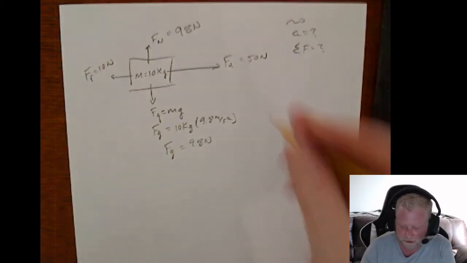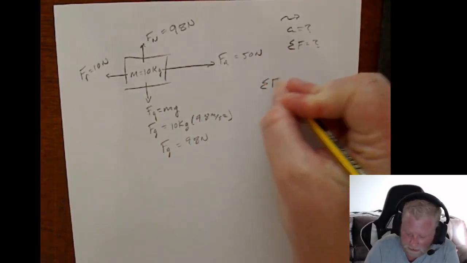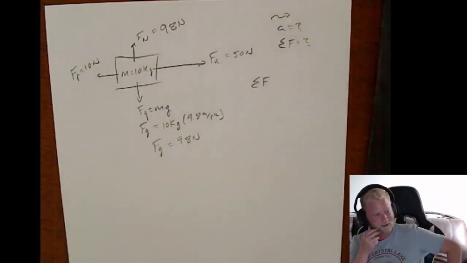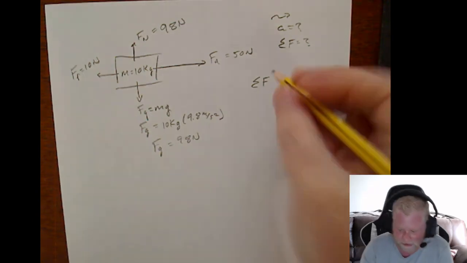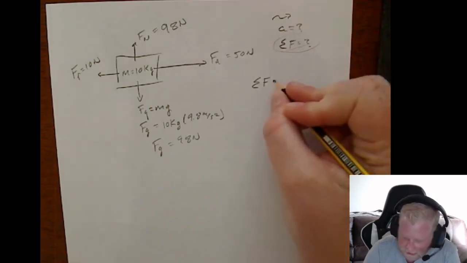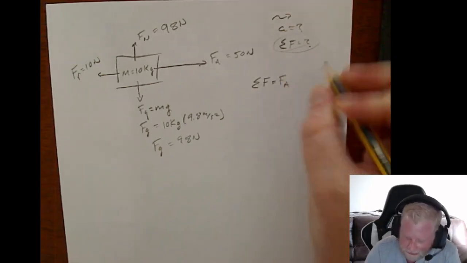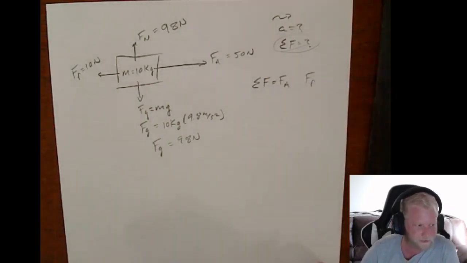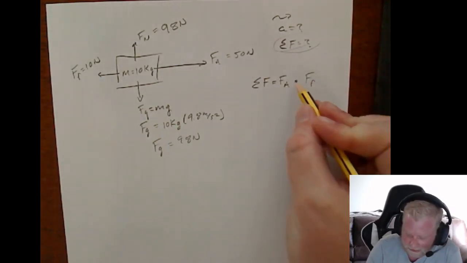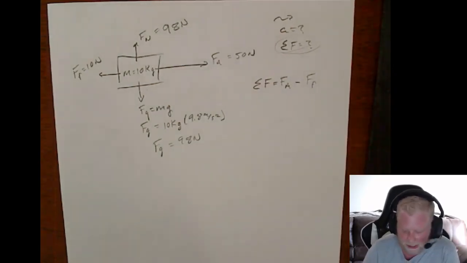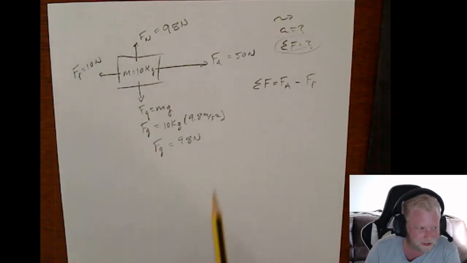Now, if we want net force, again, your net force is the sum of your forces in any dimension. The two forces that we have in the horizontal, where the net force exists, are our applied force and our frictional force. In this case, it's going to be applied minus friction. Why is that? It's because they're opposite directions.